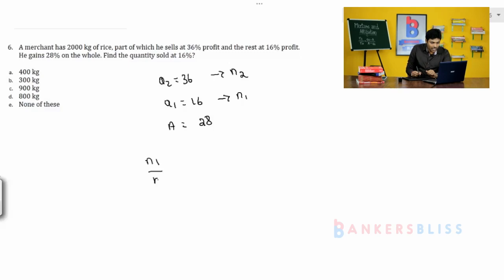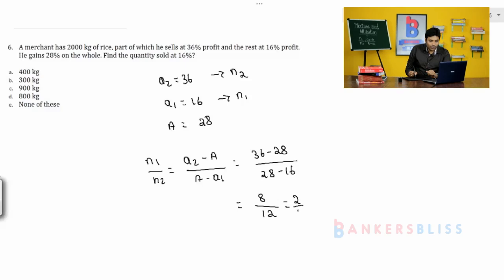Therefore, N1 by N2 is equal to A2 minus A by A minus A1. So, 36 minus 28 divided by 28 minus 16. How much are you going to get? 8 by 12, that is 2 by 3.